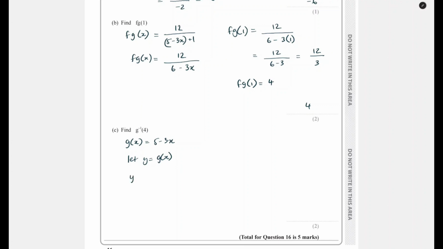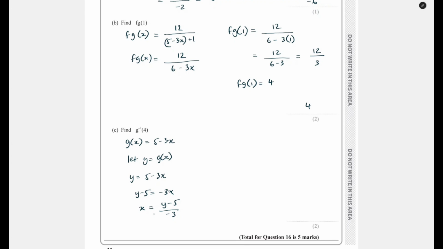And so we say y is equal to 5 minus 3x. And we want to rearrange this equation to make x the subject. So that's y minus 5 is equal to minus 3x. And therefore x is equal to (y minus 5) over minus 3.